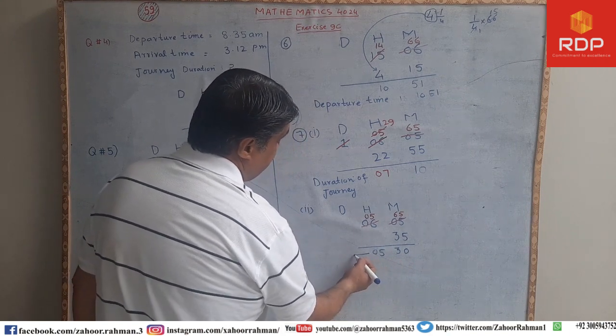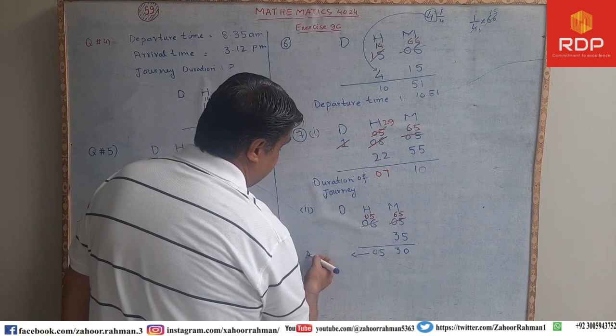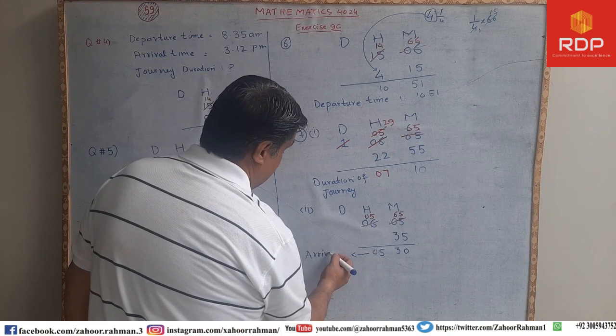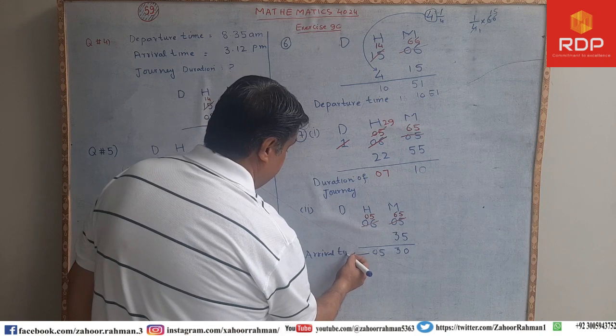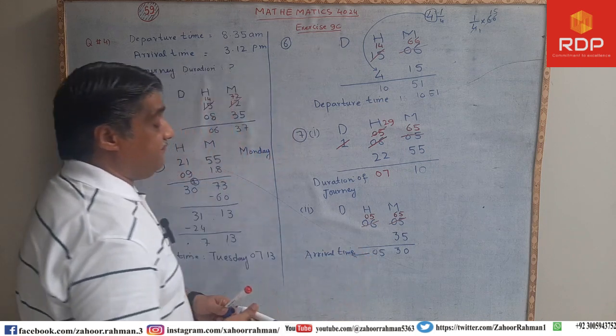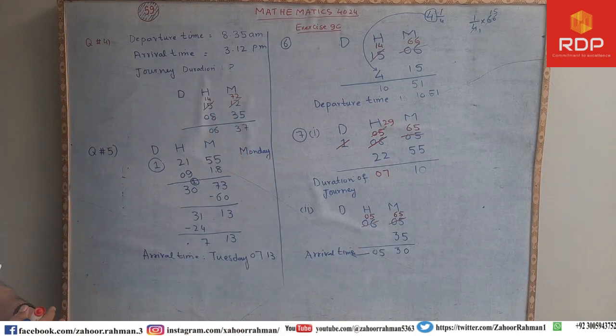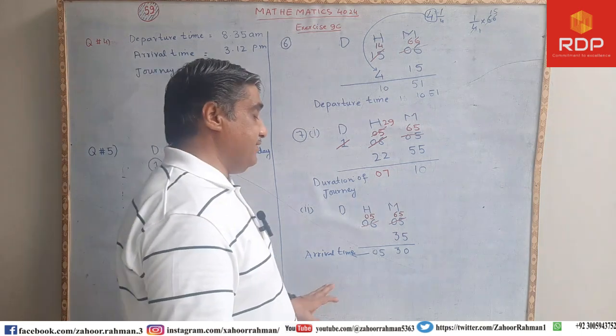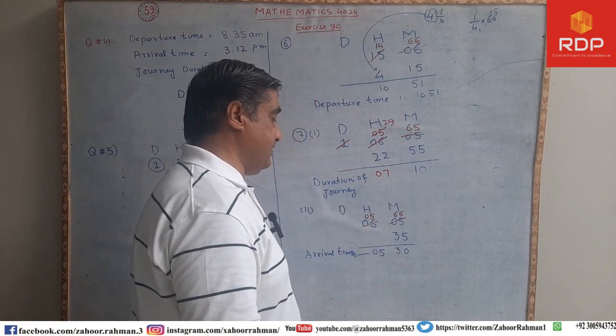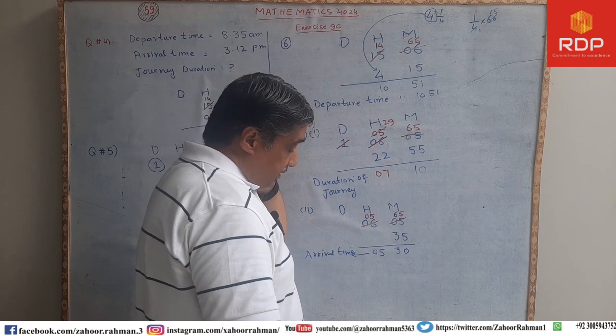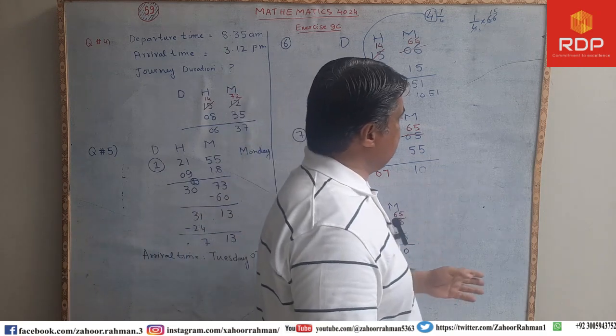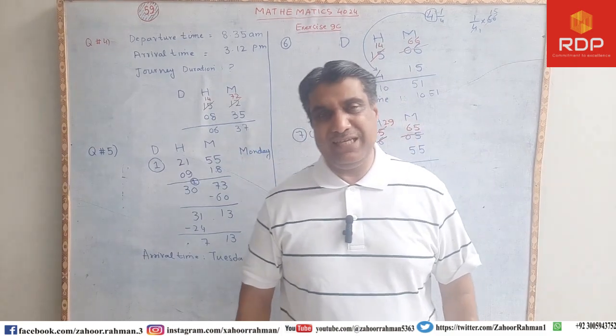So it means that arrival time is 5:30, because the coach reached 35 minutes earlier than the stipulated time. So 05:30 is the arrival time.